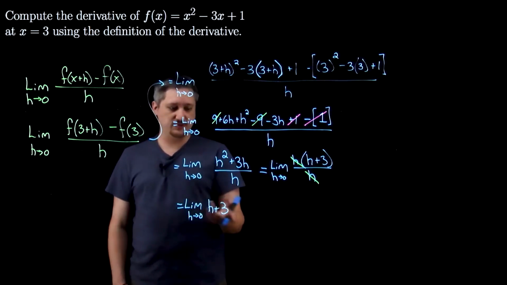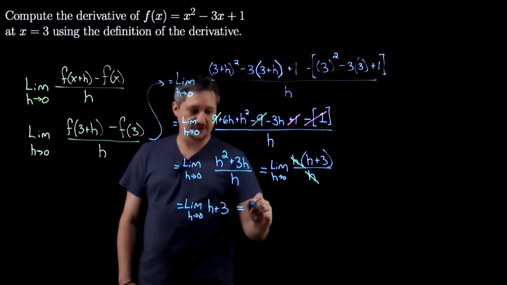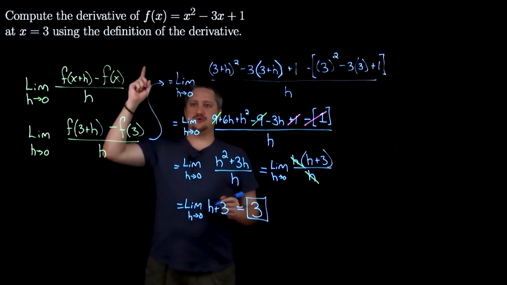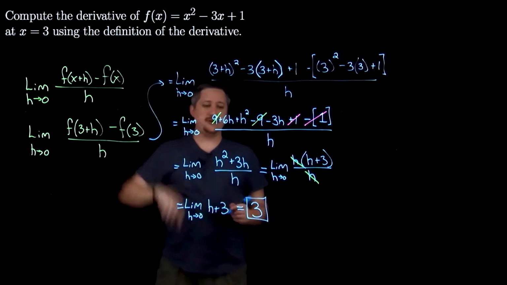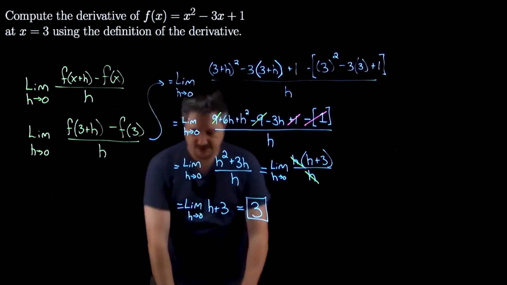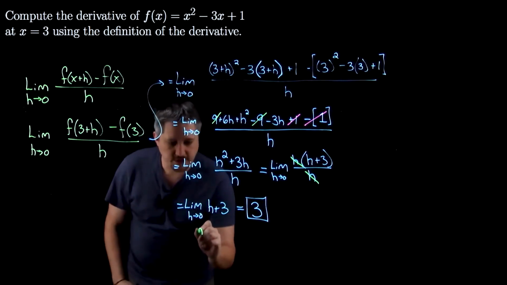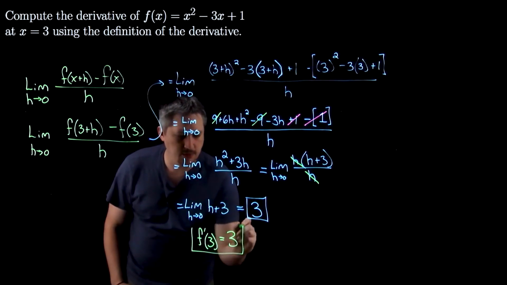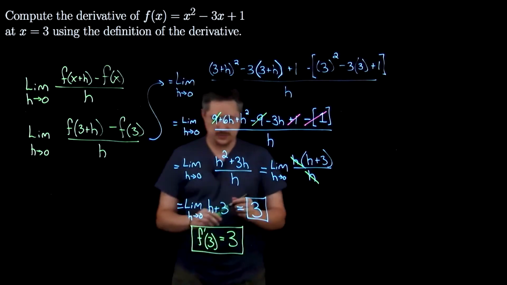So as h goes to 0, h plus 3 is just 3. So in particular, my goal was to compute the derivative of f of x at 3. This is telling me then that f prime of 3, or the derivative of f at 3, is 3. Okay.